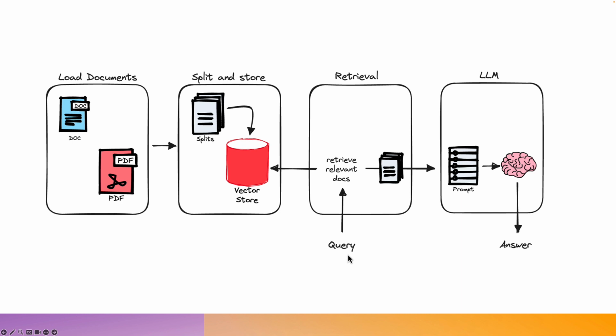Now we come to the user part, where the user is going to type in a query. When the user types in a query like, who is the King or Queen of England, we have to find relevant information to this query. So we're going to ask a question to our vector store or our search index, and hopefully that comes up with relevant docs, pieces of text, maybe 5 or 10 or whatever you want to do. Usually we see that we hand over 5 pieces of smaller text to our LLM via the prompt.